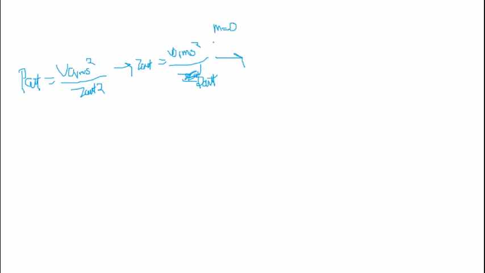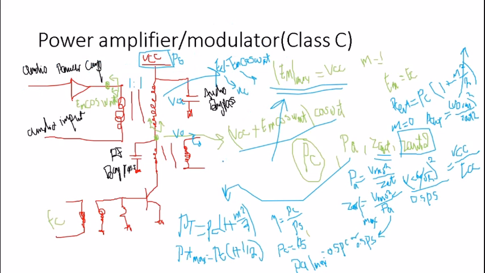Since we assumed that the modulation index equals 0, obviously here this is the voltage at the output. So if m equals 0, E of m, the amplitude of the signal, again equals 0. So this term is gone. So we're only left with VCC.